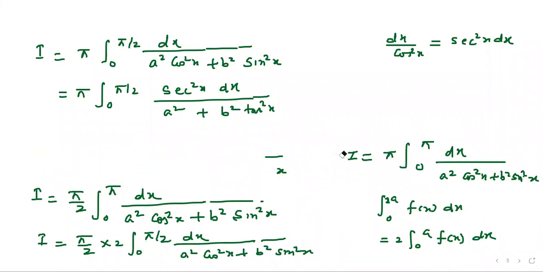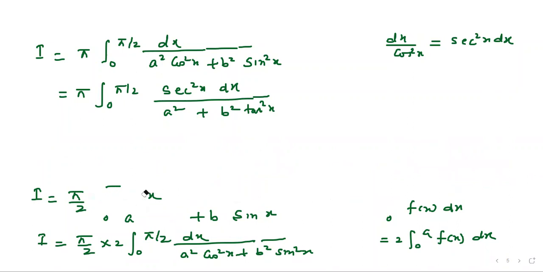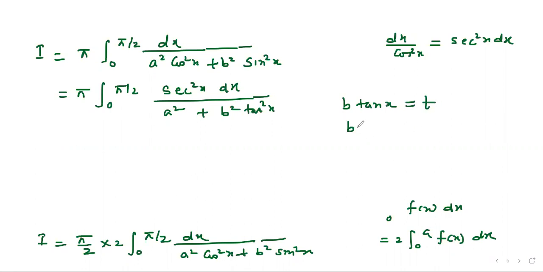Further, let's take b tan x equal to t, b sec square x dx equal to dt, or sec square x dx equal to dt by b.